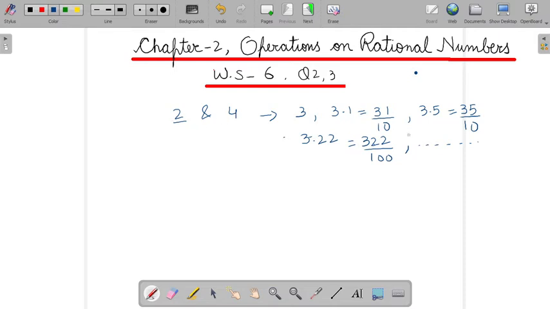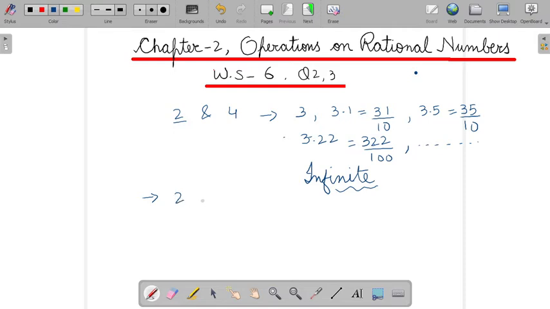Like this, we can find infinite rational numbers. So to find the rational numbers between any two rational numbers, there is a formula, or we can say there is a concept.